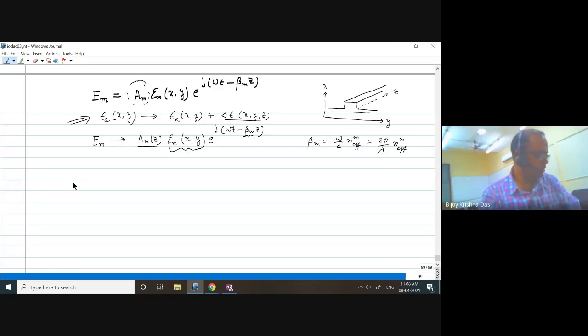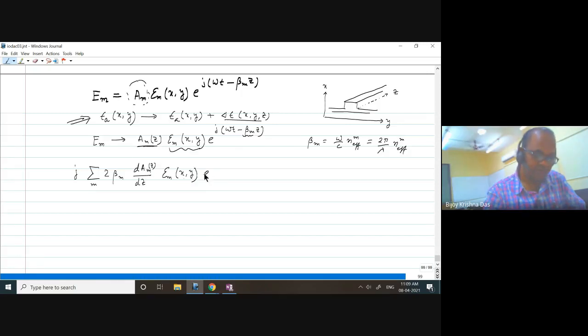And assuming that we have used our vector wave equation or Helmholtz equation, we arrived at a certain expression that is something like this, if you recall from your last class. So that means this A m z dependent variation is there, and the mth mode profile as it is will be like this, right?